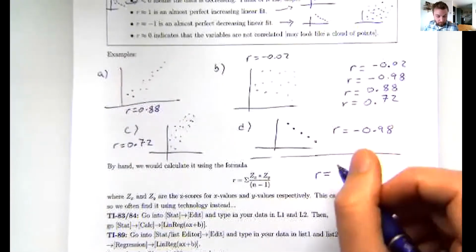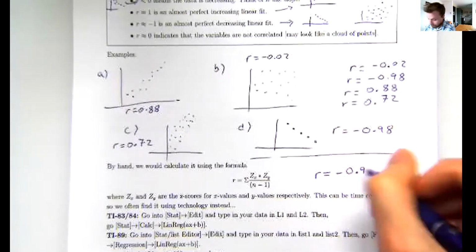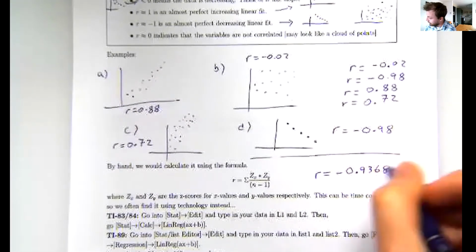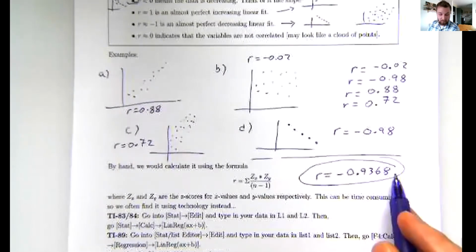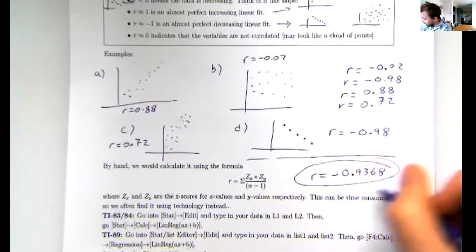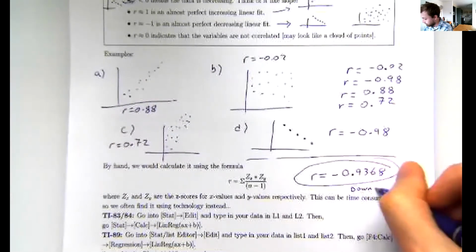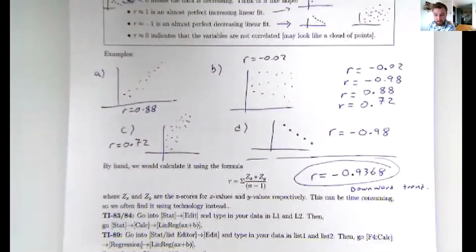And as a reminder, when we did this just a moment ago in GeoGebra, I got -0.9368. This is telling me a couple things. First thing this is telling me is that my line has a downward trend, it has a negative slope.